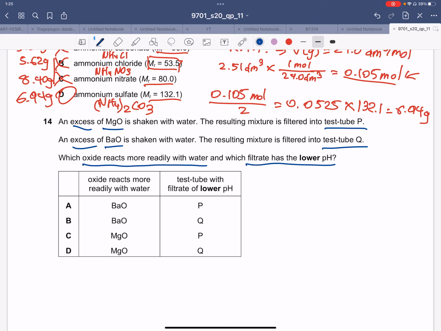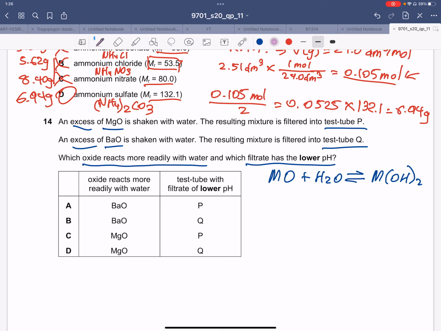Okay, so this is probably a group 2 metals question. The first thing you need to know is that whenever you react a group 2 metal oxide with water, the equation always follows the format MO plus H2O is an equilibrium reaction, forming M(OH)2, because the group 2 metals have a +2 charge and hydroxide has a -1 charge.